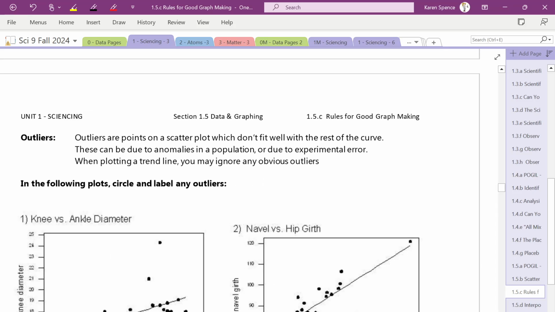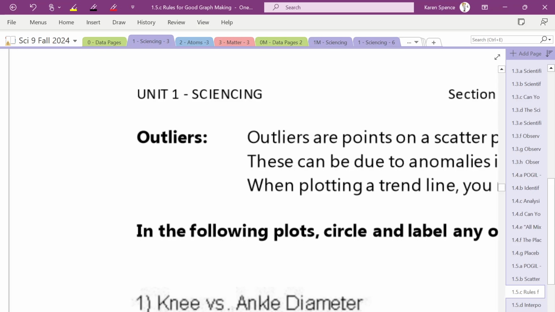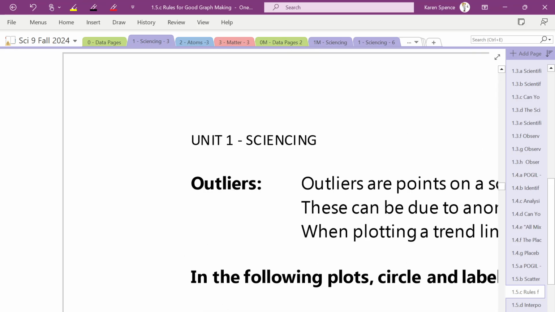Last thing, outliers. This is also a vocab word.